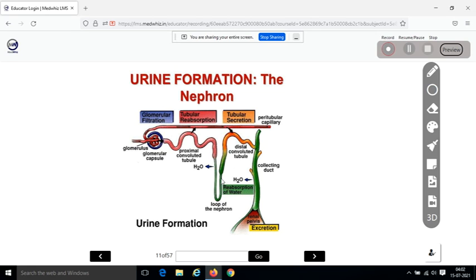Now the thick ascending loop of Henle reabsorbs sodium chloride from the lumen, about 33% of the filtered sodium, but unlike the proximal tubule and thin limb, it is extremely impermeable to water. So the thin limb is permeable to water, but the thick limb is extremely impermeable to water. Salt absorption in the thick ascending limb therefore dilutes the tubular fluid, making it the diluting segment.